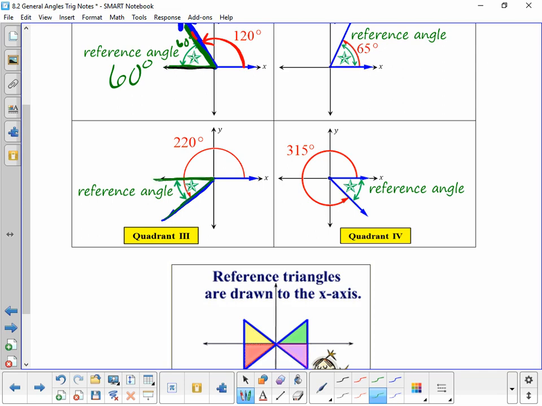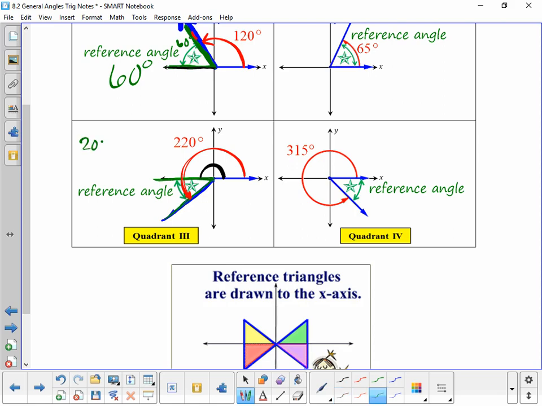So it's this reference angle, again shown in green. Well, if I wanted to know the measure of this reference angle, that entire angle shown in red is 220 degrees. Well, this portion of it is 180, so our reference angle is essentially the difference between those two.